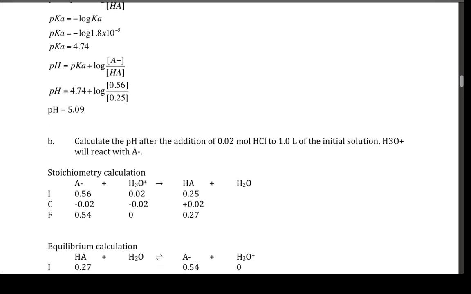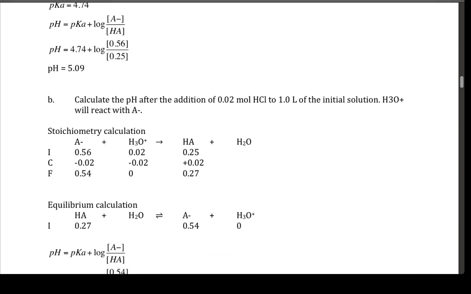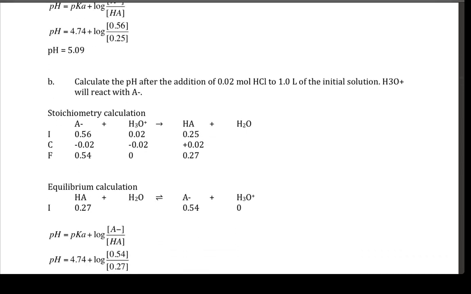Okay, next we will calculate the pH of that same buffer. We're on part B of that same problem. Calculate the pH after the addition of 0.02 moles of HCl to 1 liter of the initial buffer solution. The HCl is the source of H3O+, and it's of course an acid, so it will react with the base part of our buffer, the A minus part.